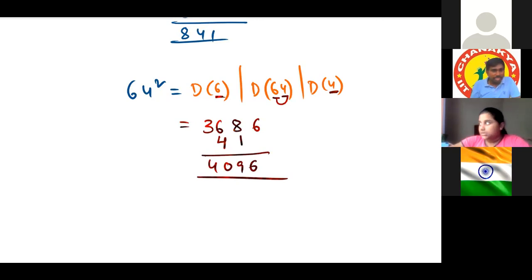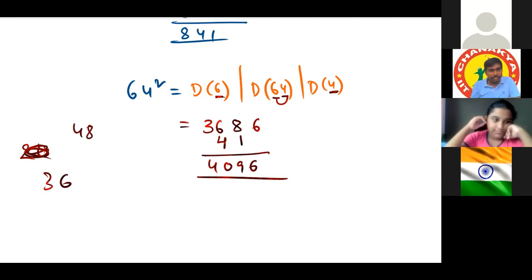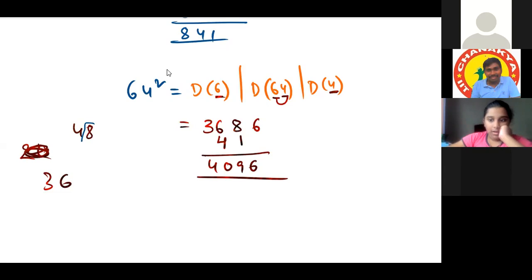How to balance: if it is a double digit, after writing 24, after writing 36, you are getting 48, right? See here.